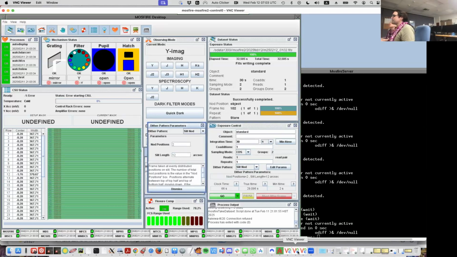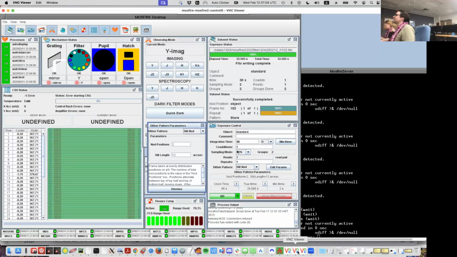So this distance between here and here, I'm going to go to region, shape, ruler. This is the position between here and here. It's in degrees units now. I'm going to make it arc seconds. It's about 20 arc seconds. Actually, it's not as bad as I thought it was. Okay, so the distance between here and here is 20 arc seconds.